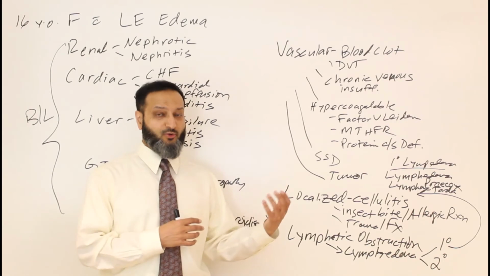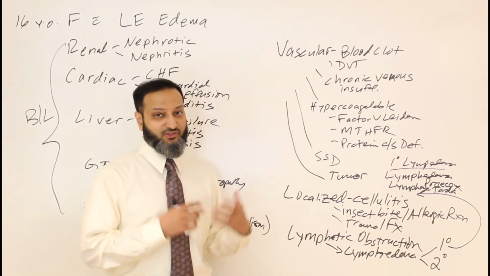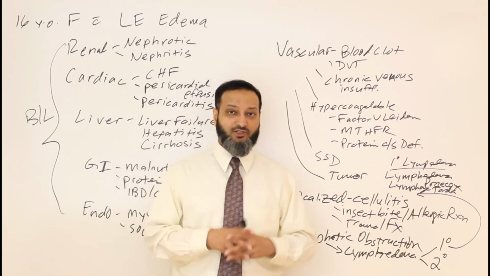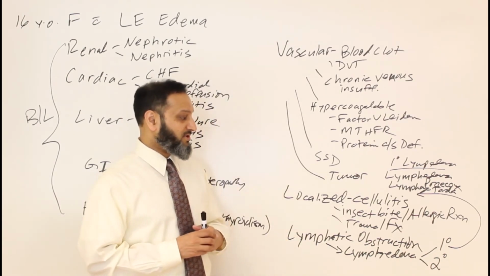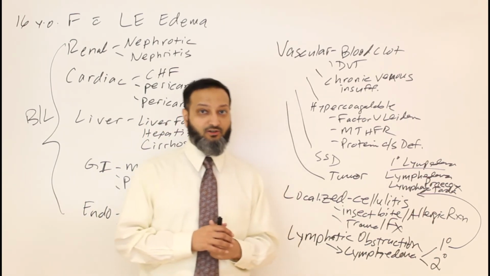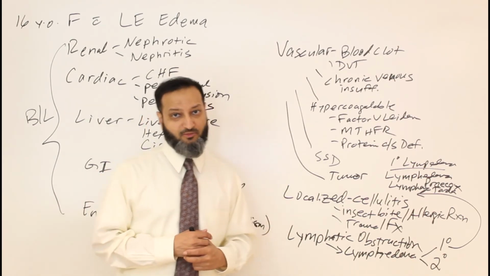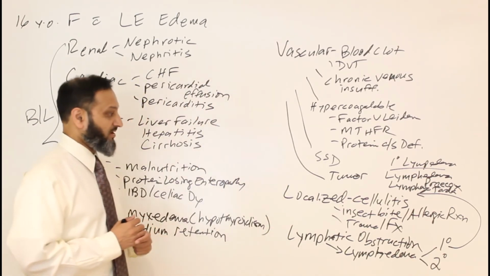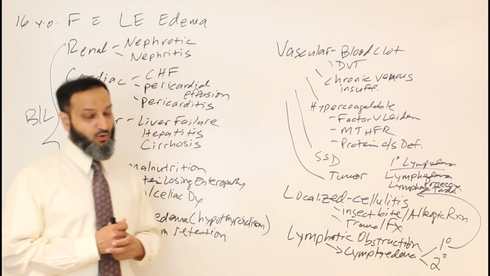And further radiation to the area can also cause lymphedema. So trauma and surgery and tumors and radiation and excision of the lymph nodes can all become common causes of secondary lymphedema. So those are some of the things you have to consider on a patient coming in with this type of picture of lower extremity swelling.